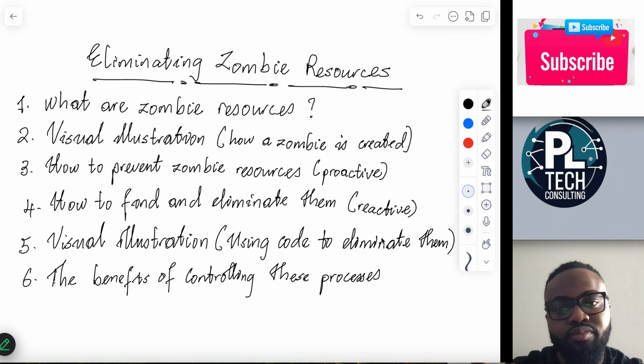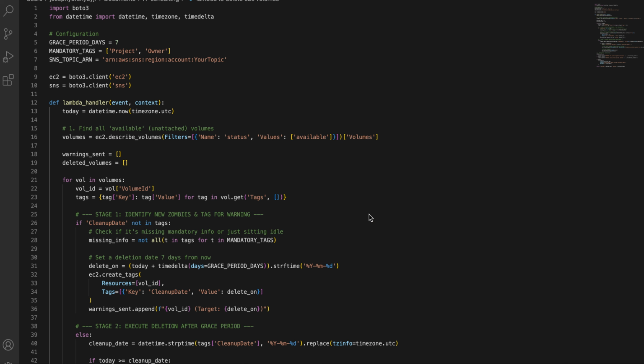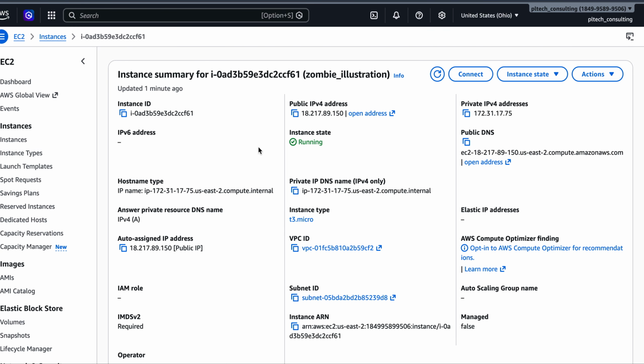So first, I'm going to show you a visual illustration just so you can see how this happens. I spun up an EC2 instance, so I'm going to just go ahead to the page. See the instance starts on the illustration. So I'm going to go ahead and terminate the instance.